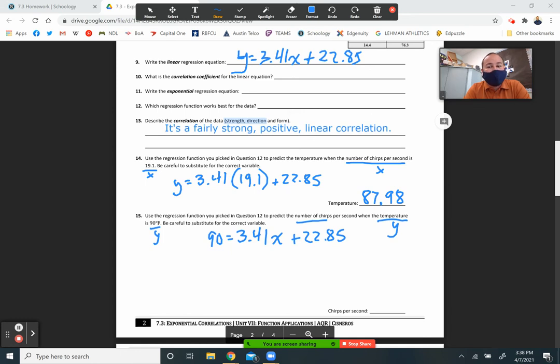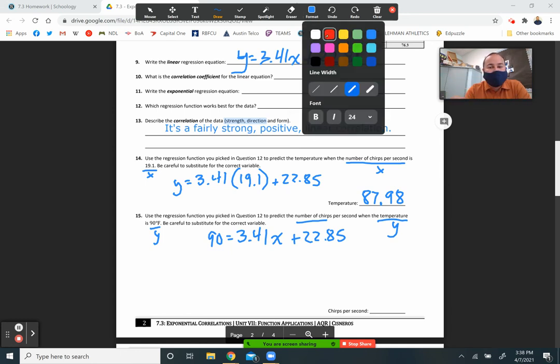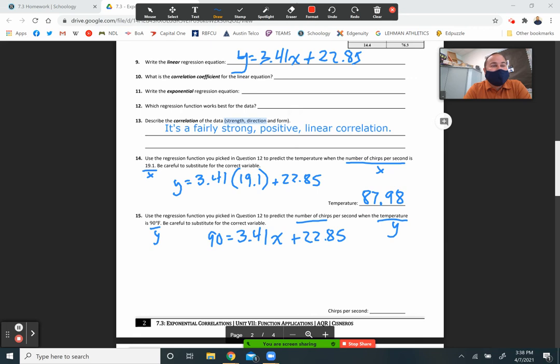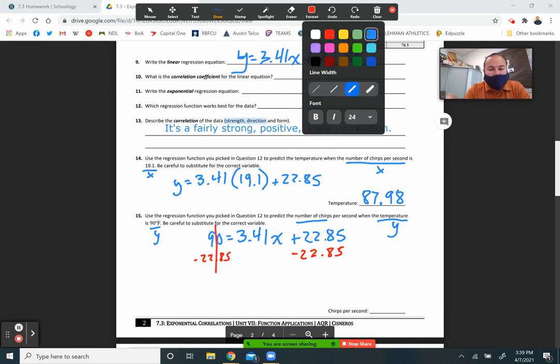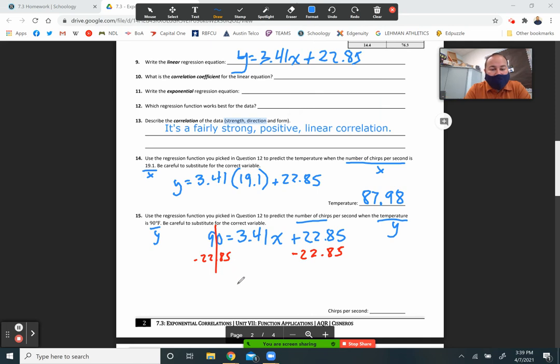What do we do? Yeah, we got to solve for x. So the first step, subtract 22.85 from both sides. That cancels out. We need to figure out, I'm sorry, that doesn't.